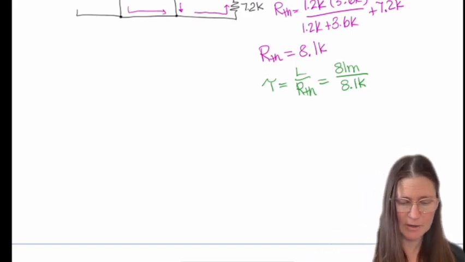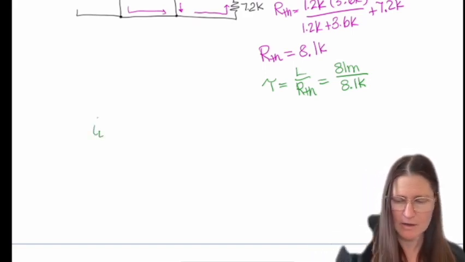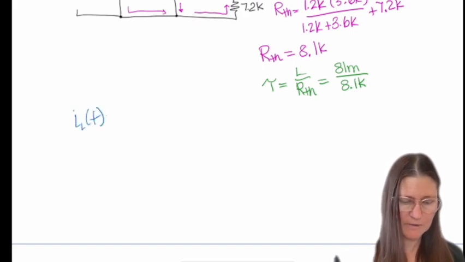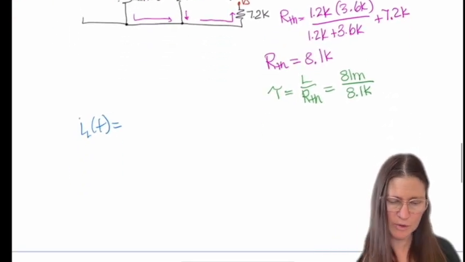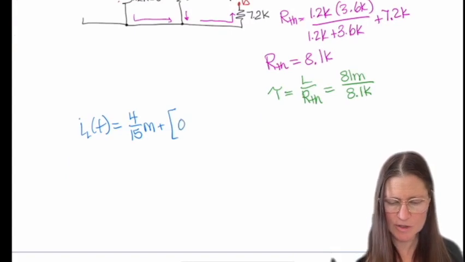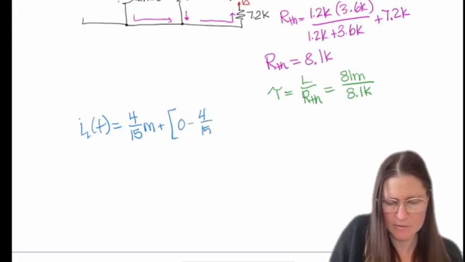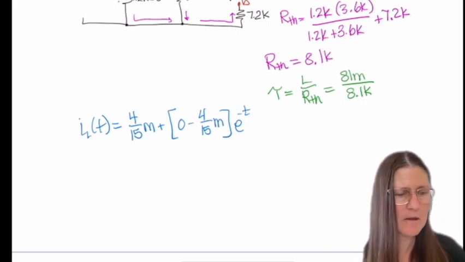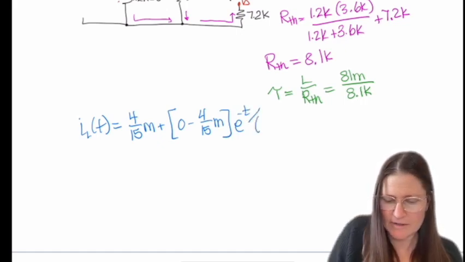The final value for IL of t then is going to be the final value, which was 4 over 15 milliamps, plus the initial, which was 0, minus the final, which is 4/15 milli, times e to the minus t over this 81 milli over 8.1k.